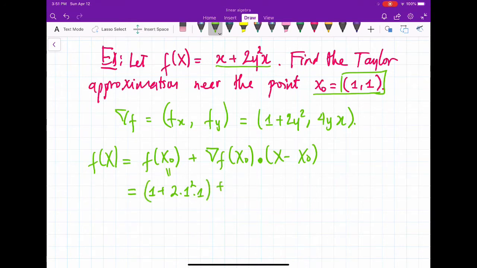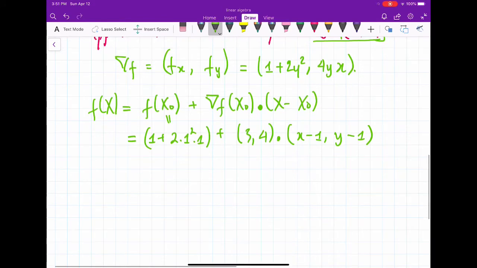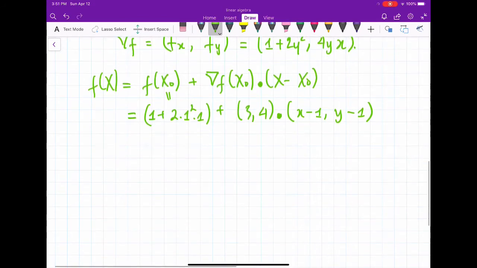The gradient at (1, 1) is equal to (3, 4), right? Times x minus x0, I will have x minus 1 times y minus 1. Makes sense? And since this is a dot product, I will have 3 plus 3 times (x minus 1) plus 4 times (y minus 1).